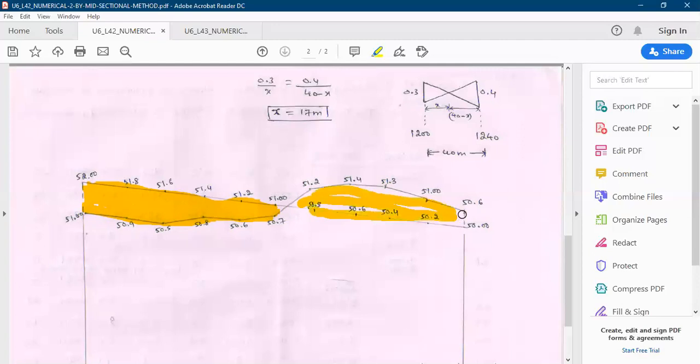wherever the RL of ground points are crossing the RL of formation, all this portion you have to do the filling portion. So not filling, it is cutting. Right. So if the RL of formation is more than RL of ground surface, this is where you have to do the filling. So all these points have to be filled. Here you have to do the filling.